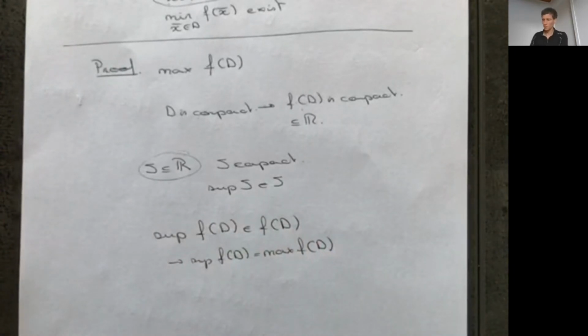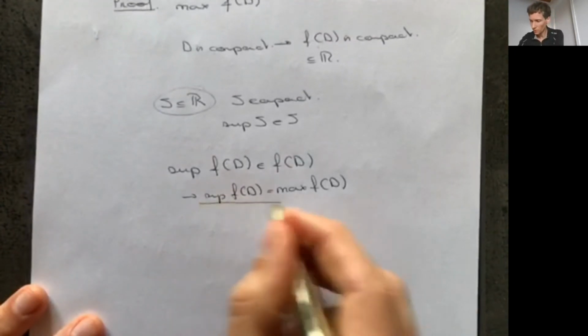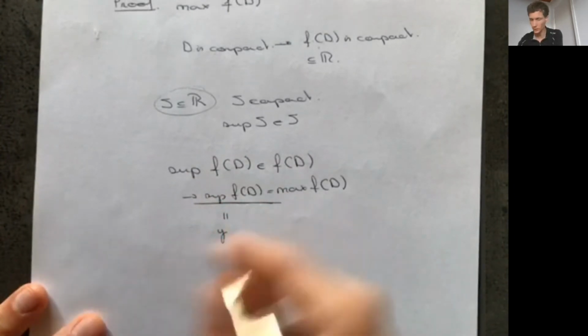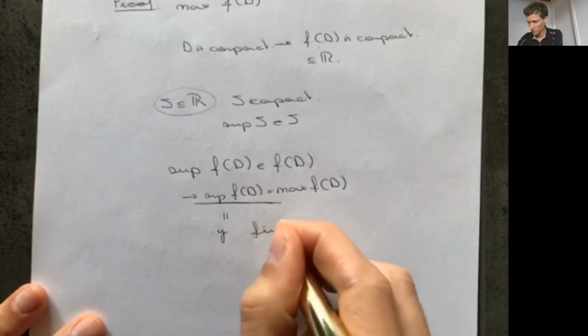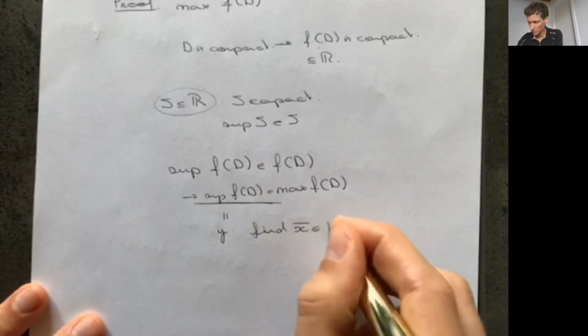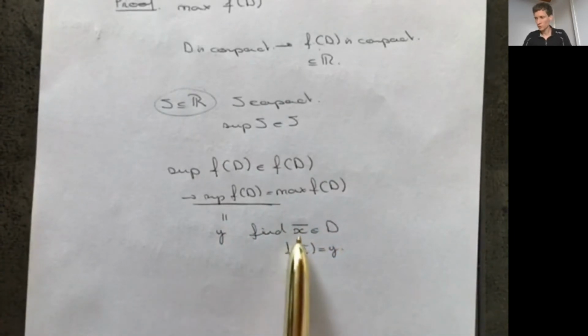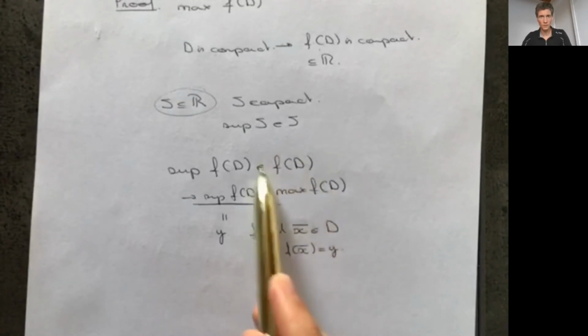So how can you find the maximum? You find the supremum of f(D). If this is equal to y, then find the x in D such that f(x) is equal to y. You know that such an x exists because y is in the range of f.